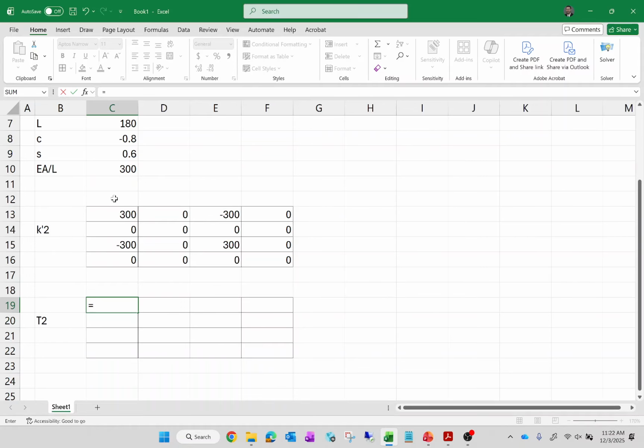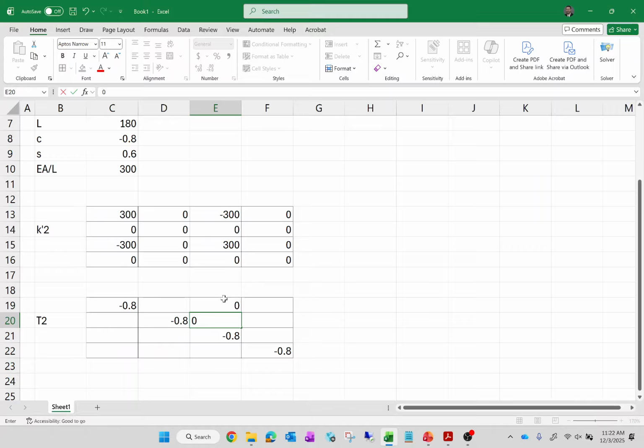So the diagonal is all these cosines. Okay. This top and bottom grid are zeros.